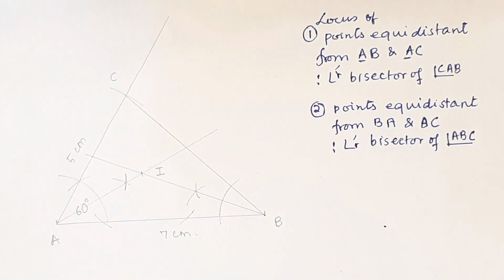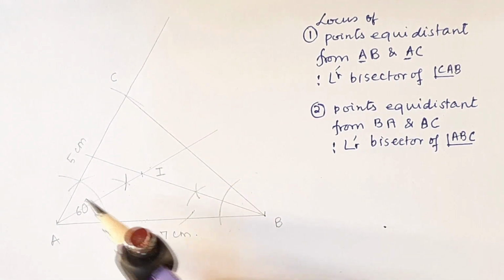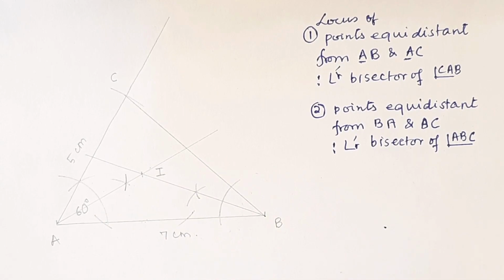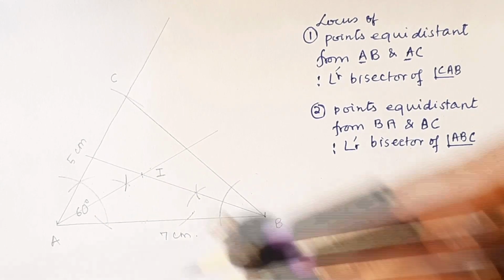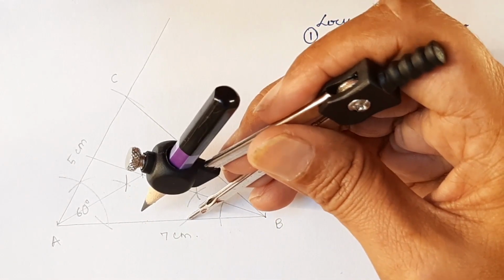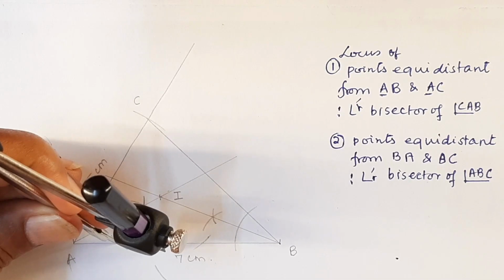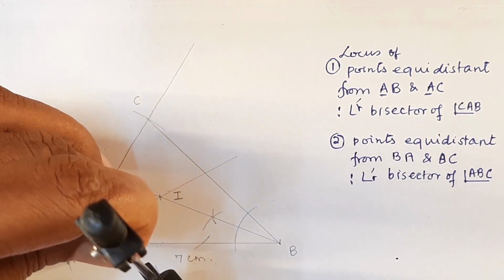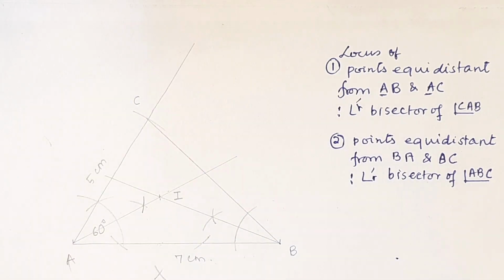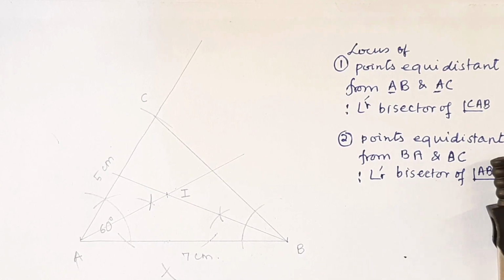Now we are going to use these 2 points over here, and we are going to take the radius more than half of it like so, and draw the arc which will intersect this earlier arc like so.